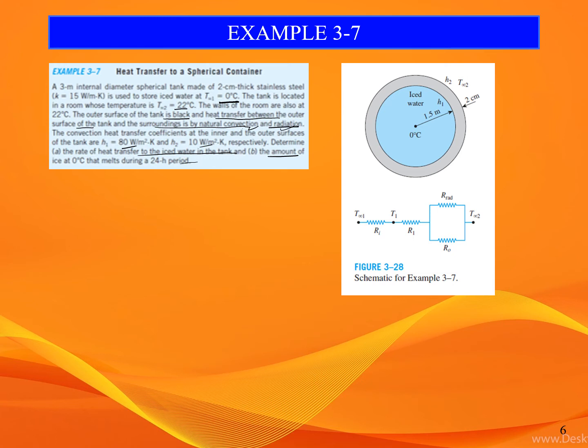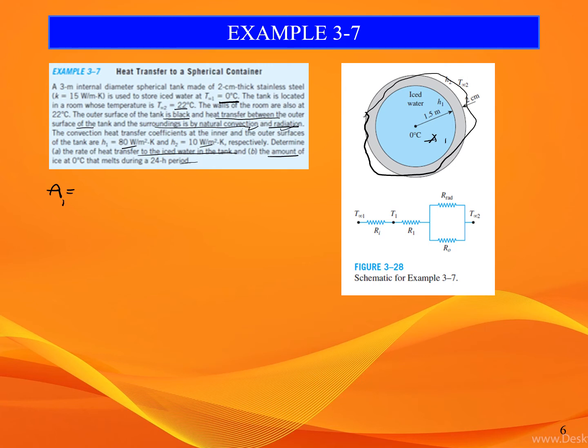We need to find the area first. For the spherical container, we have two areas, which are A1 inside and the outside area, the layer that includes the stainless steel.